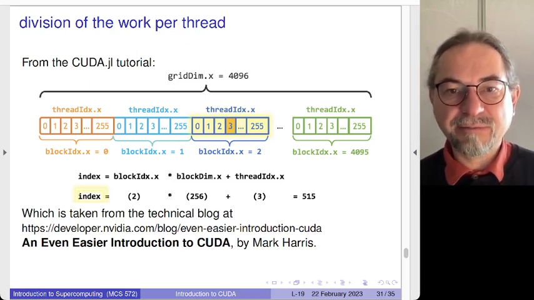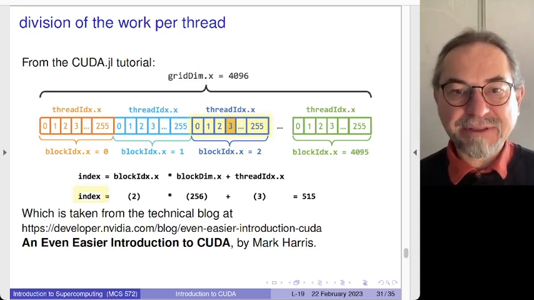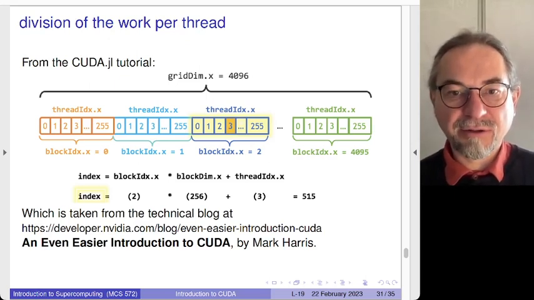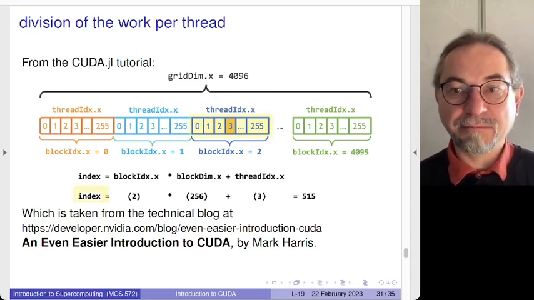So thread with identification number 3 inside the block with identification number 2 is mapped as follows. We compute the previous blocks: we have the block index 2 multiplied with the size of the block and added to the thread number in the block.